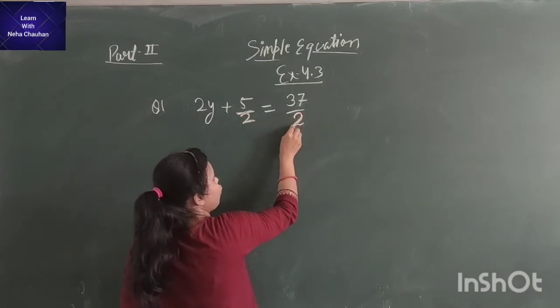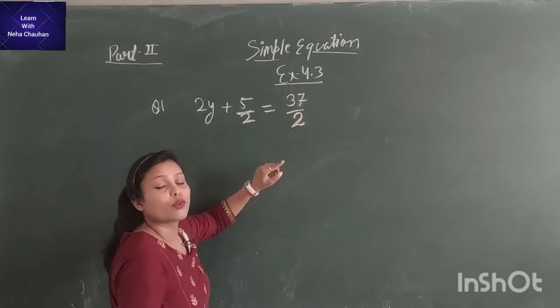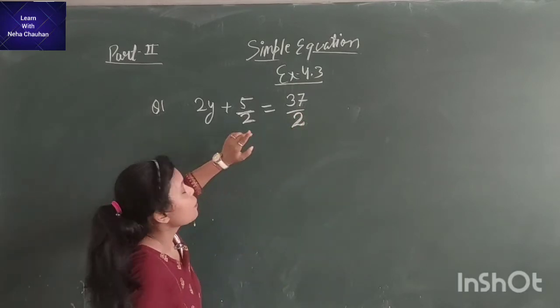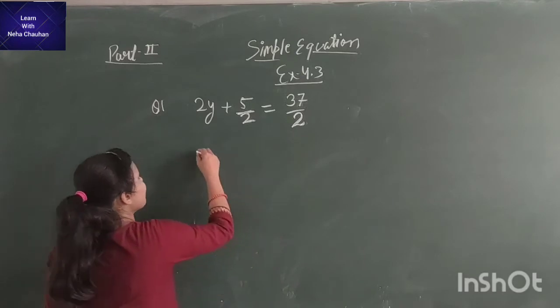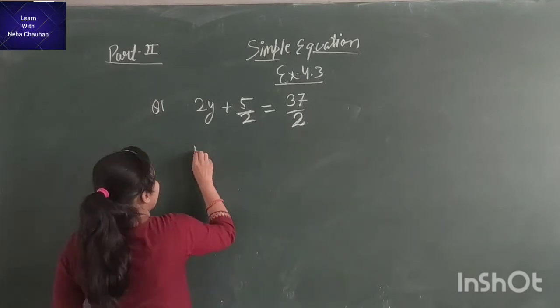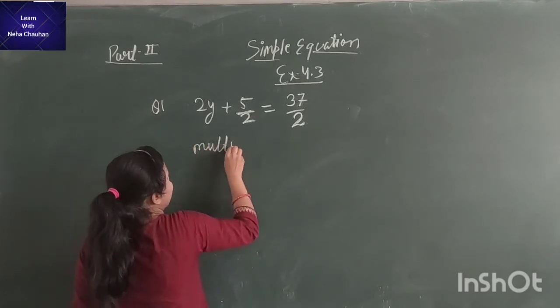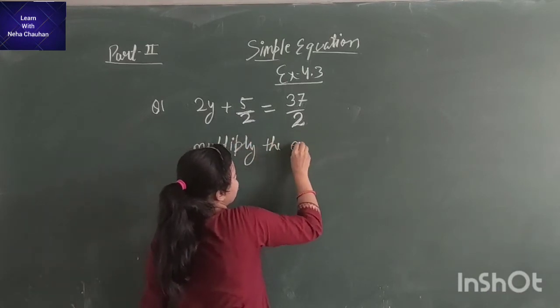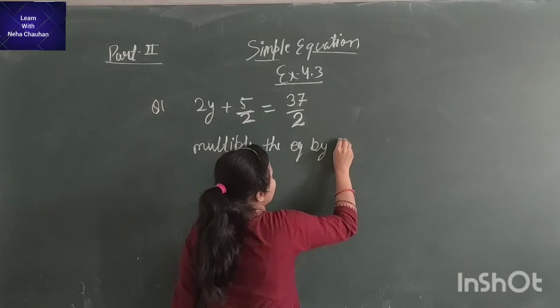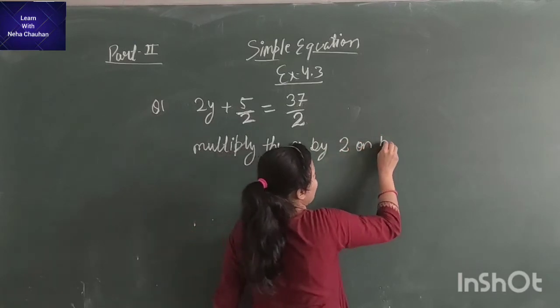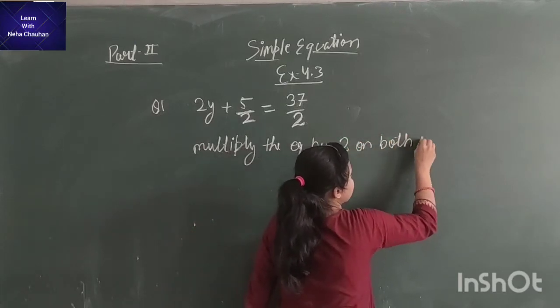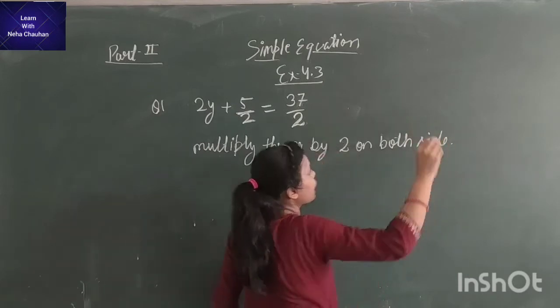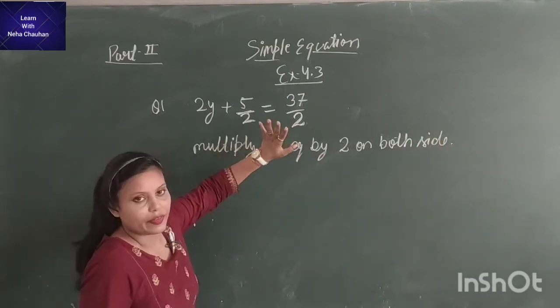So what is the opposite of divide? It is multiplication. So we will multiply. The first step is to multiply the equation by 2 on both sides so that we can reduce the 2 from here.